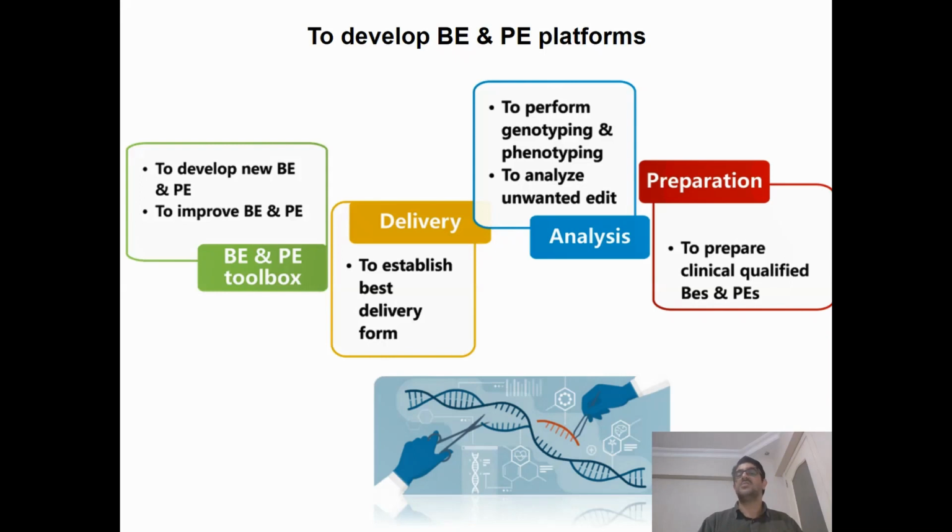And delivery is very important, not only for base editor but also for prime editor systems. The prime editing system especially has a very long DNA sequence. That's why, for example, adeno-associated virus is not enough to carry any prime editing system. Maybe dual adeno-associated virus delivery systems could be useful for prime editing.